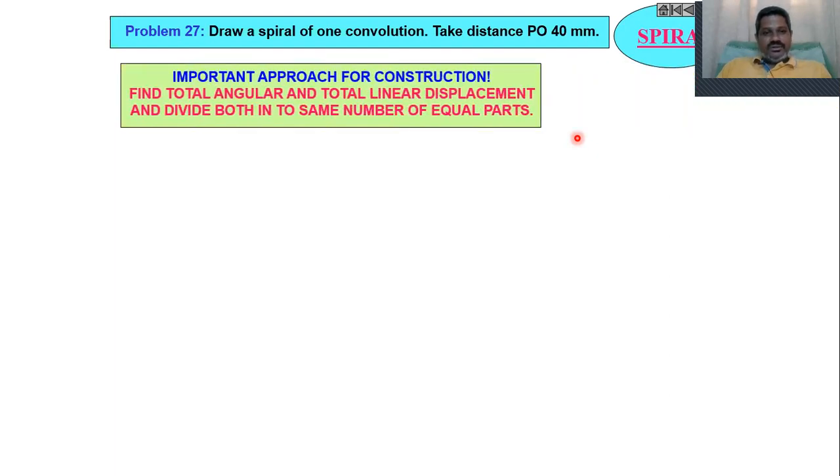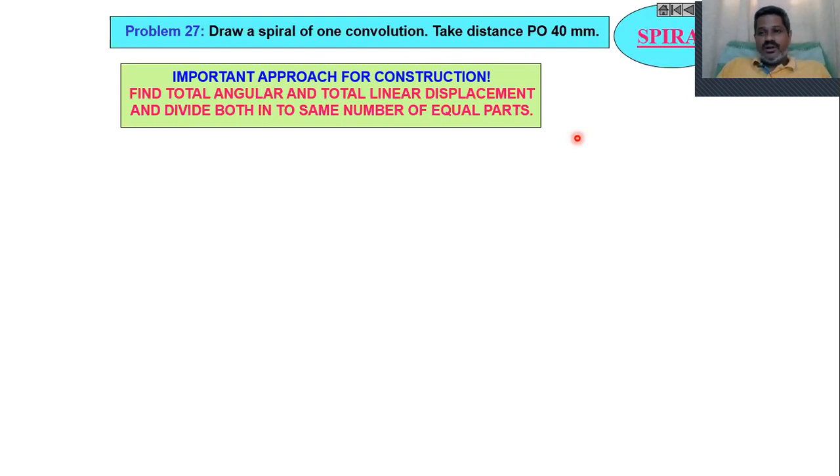Now, the most important point to remember while constructing the spiral is we require how much distance this point needs to move towards a point. In this case it is already given: 40 mm is the distance. And we need the total angle. With how much angle this point needs to rotate, and how much distance this point needs to move towards the fixed point.